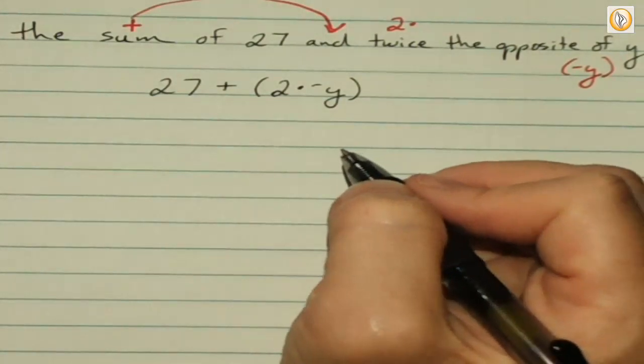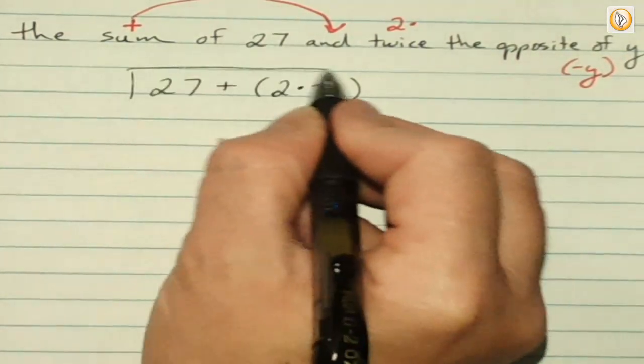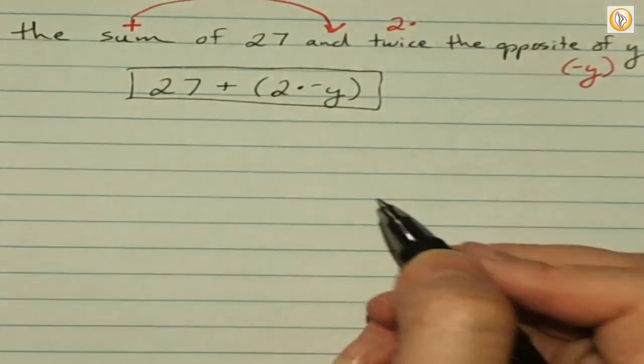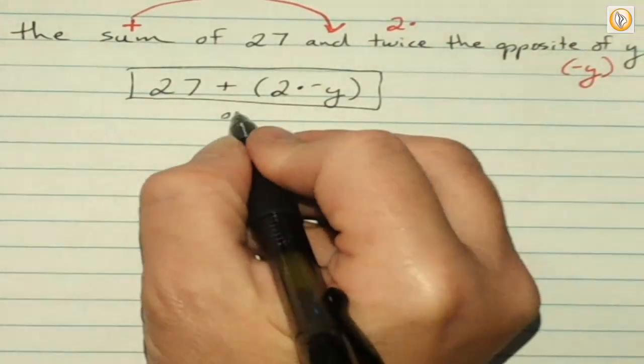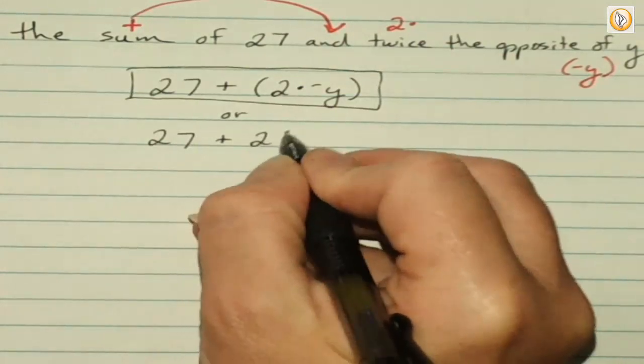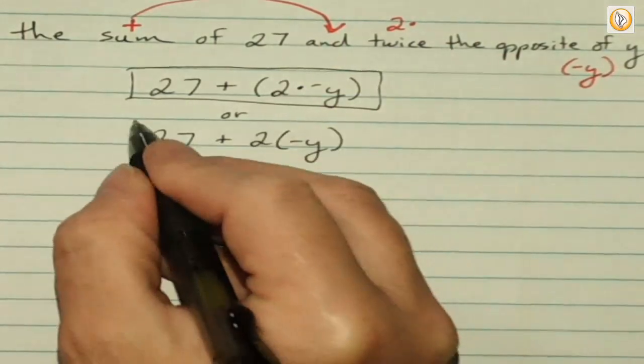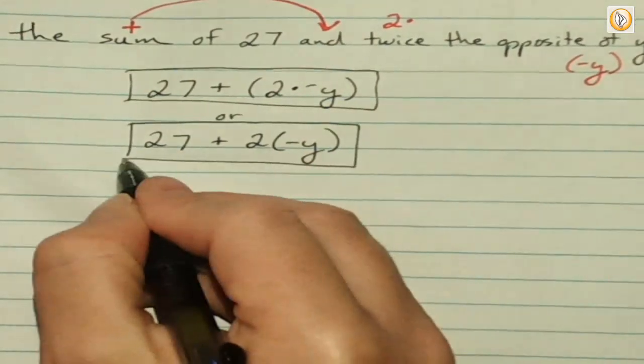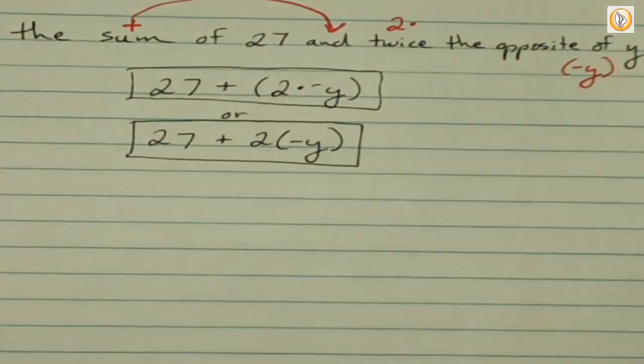You can also, and I would not have a problem with that. Absolutely would not have a problem with that. Or you could say 27 plus 2 times negative y. You could do it that way as well. Do y'all see that? Isn't there another way you can do it too? Just a dot, like 27 plus 2 dot.